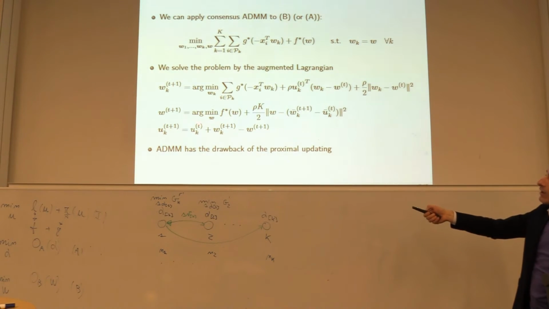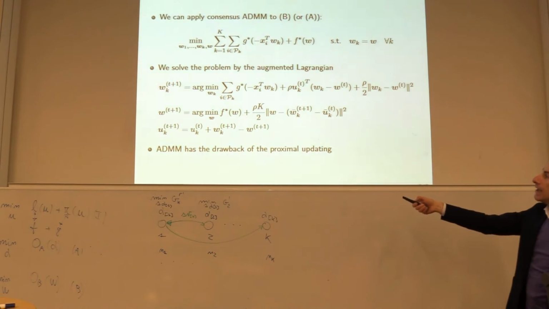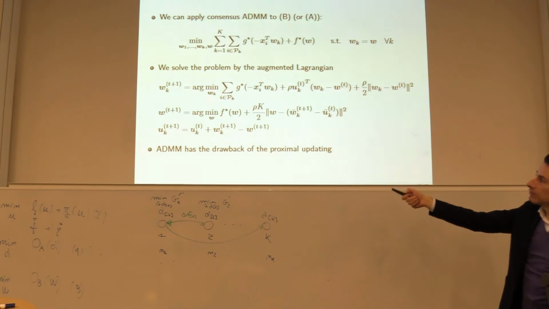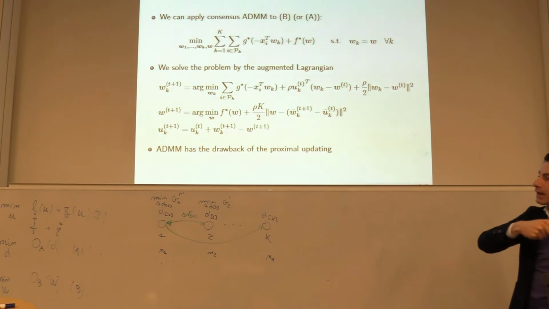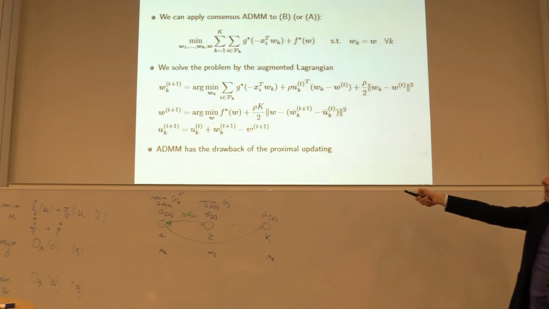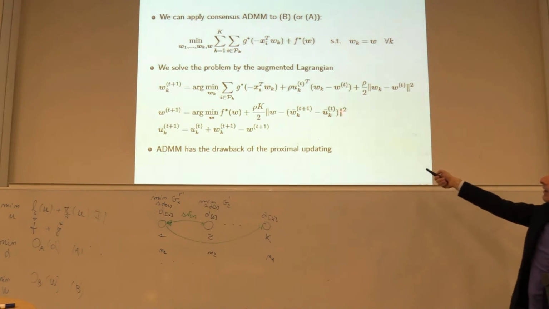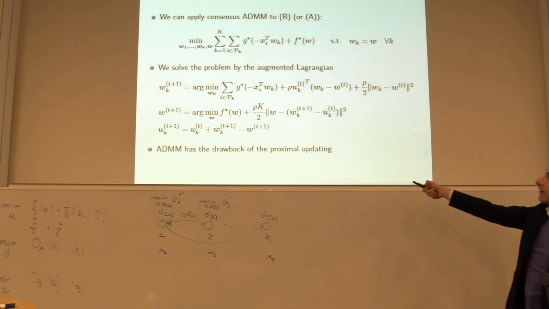Now the major difference compared to Algorithm 1 of a few slides ago is this step here. We still have in ADMM a global variable that has to be updated, similar to the general method of two slides ago. But in ADMM we have this additional term that is the proximal updating.